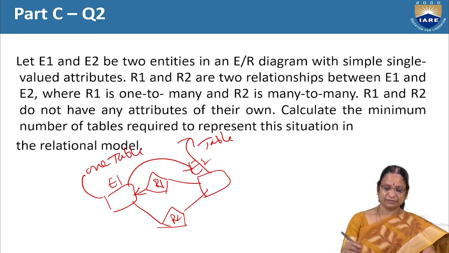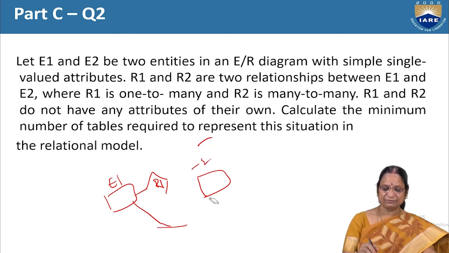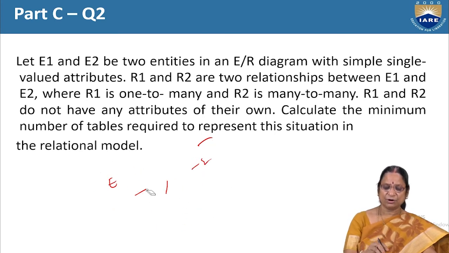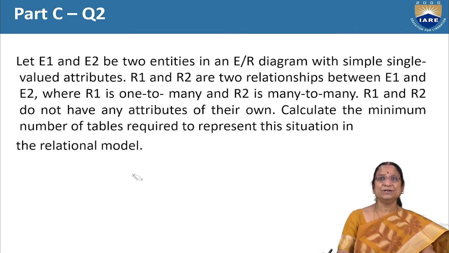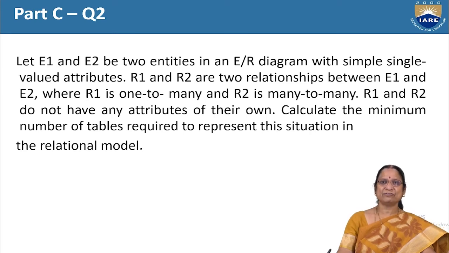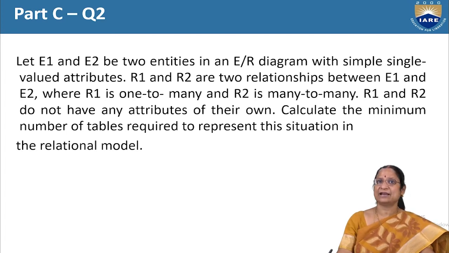Coming to the third one, R2 relation. It is many-to-many. In case of a many-to-many relationship, we cannot add the primary key of one to the other. In such cases, the many-to-many relationship must be considered to create a new table, which consists of minimum attributes as the primary keys of both tables. In addition, if the relationship has more attributes, those are added.